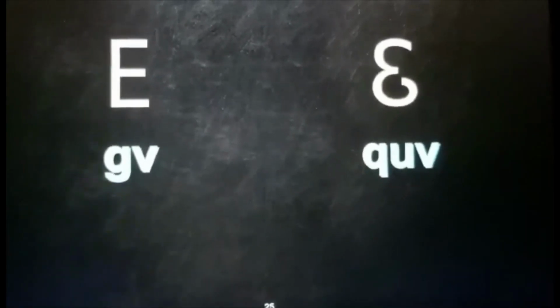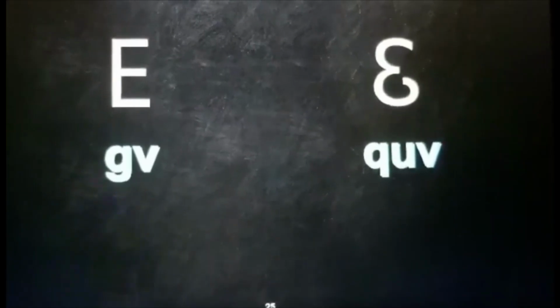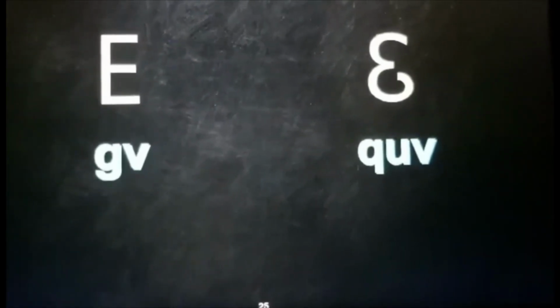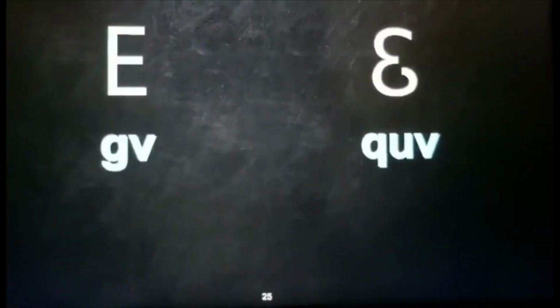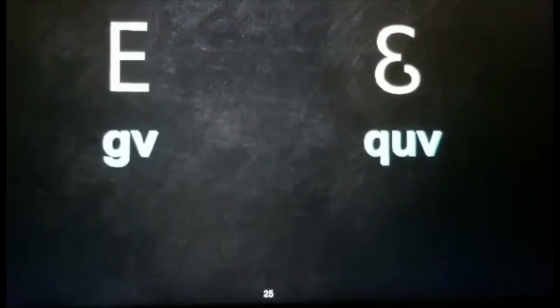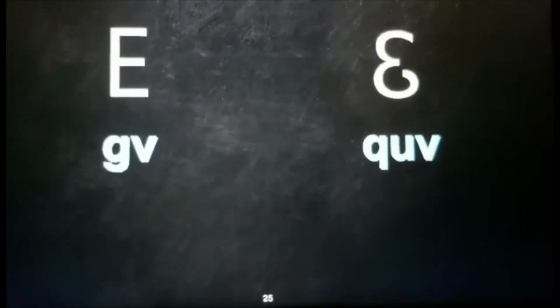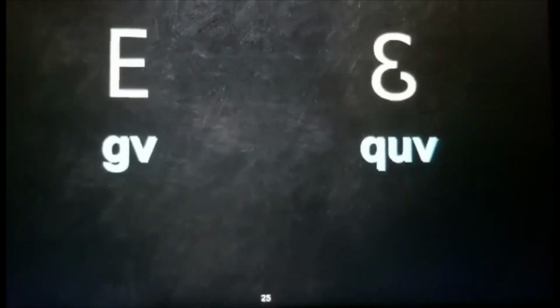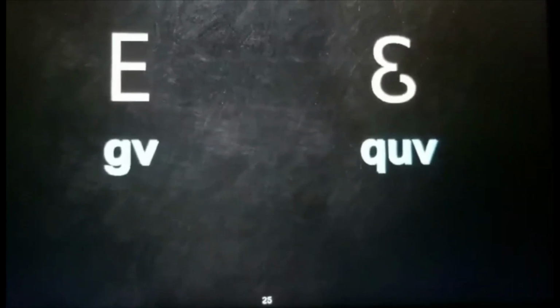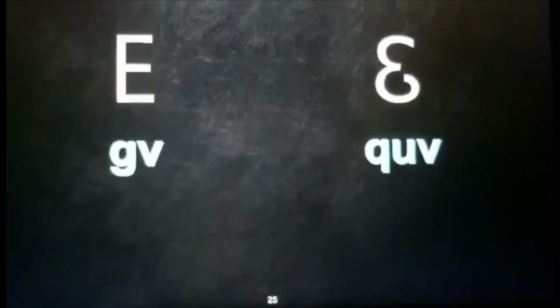So the extra E is the one with the extra consonant or vowel. So you have ga and gua. Just think ga is the plain one, or the basic one, and gua is extra.